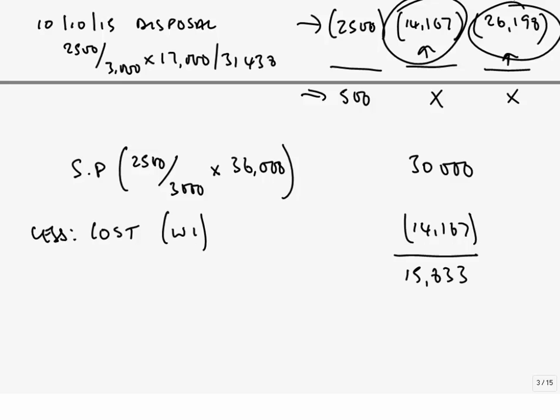Now you might think, why not just shortcut and go less index cost? The reason being, when we deduct cost, we know that we come down to an unindexed gain figure. That is the unindexed gain. But we know that when we then go on to deduct, as we will here, indexation allowance, our IA, that we cannot create nor increase a loss.